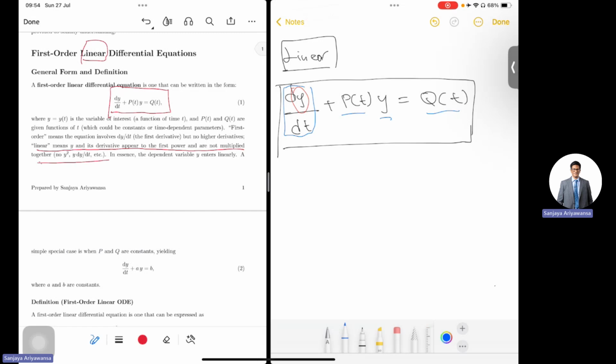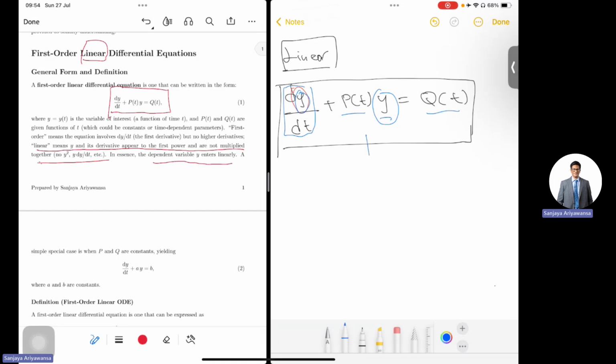So it's linear in your variable y. That is the variable you're concerned with. And also, y is not multiplied with any of its multiples, with dy by dt or y squared, nothing like that. So what we're saying is the dependent variable y enters linearly.